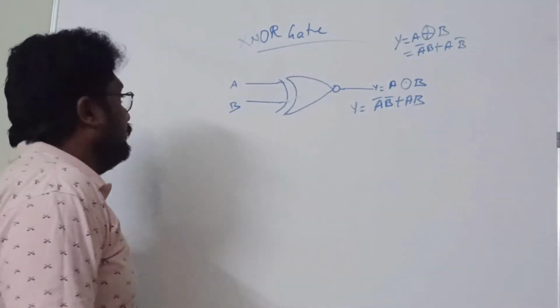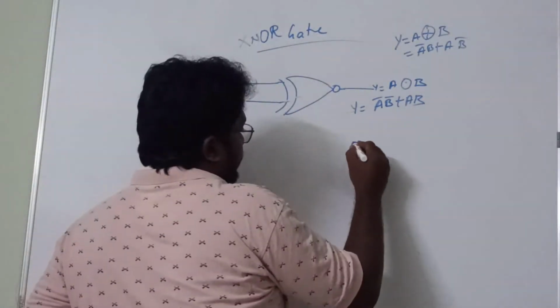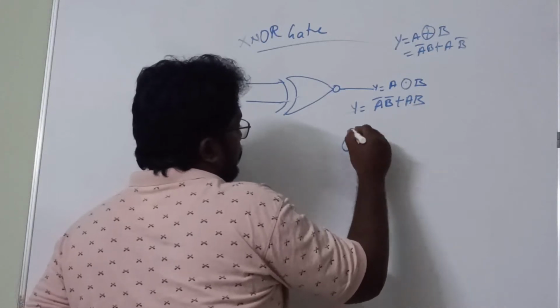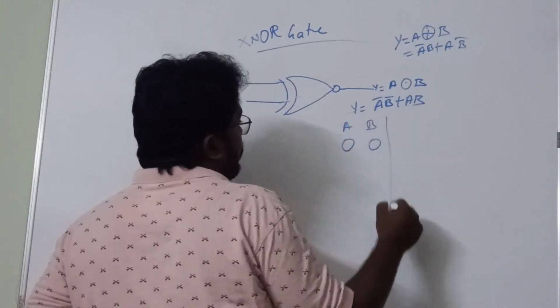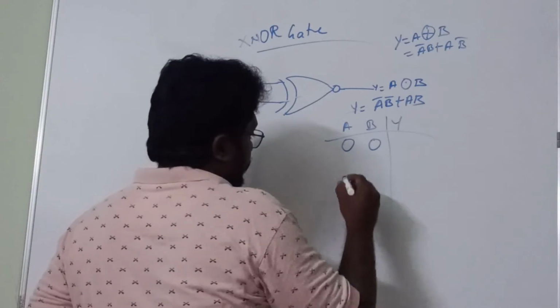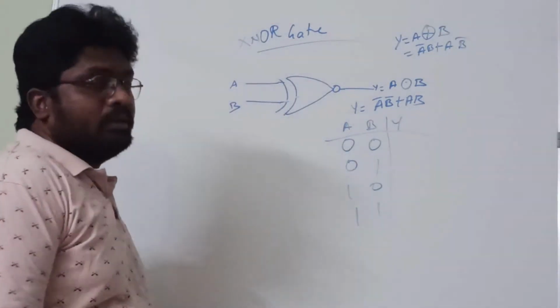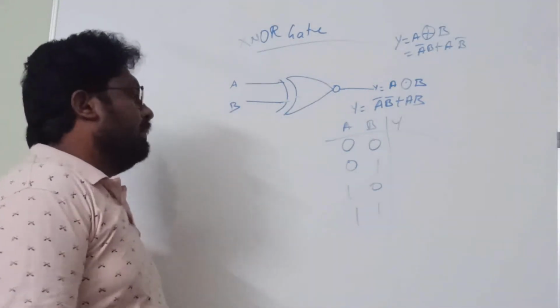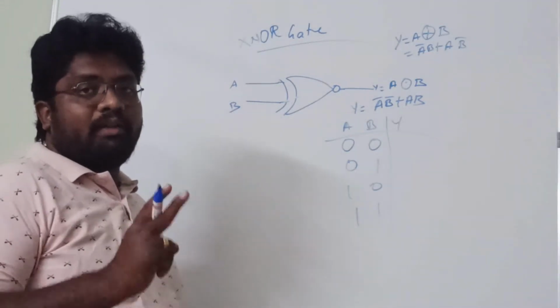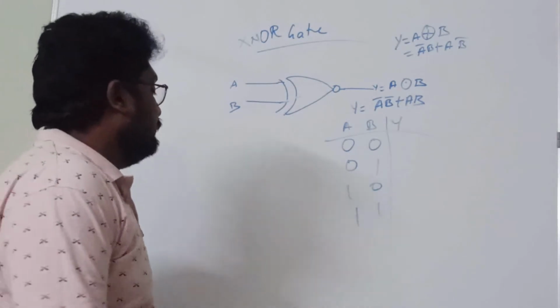So the truth table for this XNOR gate is that A and B are the two inputs and Y is the one output. So 0 0, 0 1, 1 0, 1 1. These four are the possible inputs, as we are having two inputs, right?